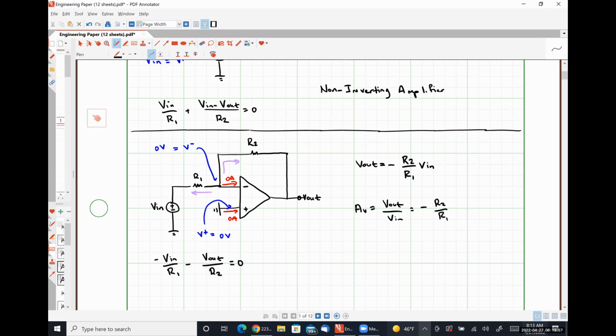Okay, so it gets an increased performance because it can both attenuate and amplify signals, but it also introduces a 180-degree phase shift between the input signal and the output signal, which means if you put in a positive input voltage, you get out a negative output voltage. Or if you put in a negative input voltage, you get out a positive output voltage. So this is called an inverting amplifier.